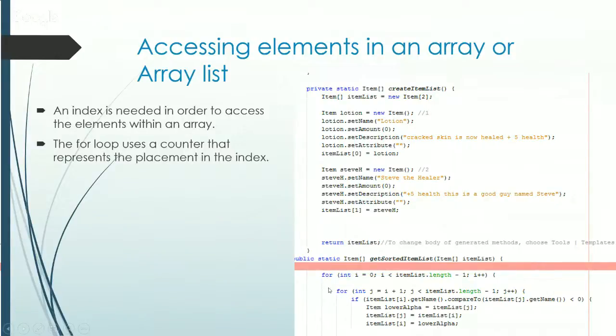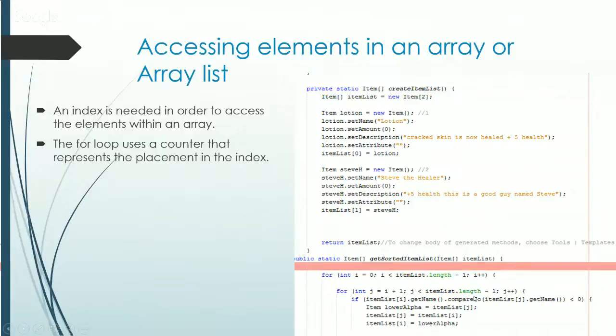After it assigns these values to the variables, it's going to ask if item list at index number I, which is 0, it's going to look at the name of that element, and compare it to the item list at index number j, and get that one's name.